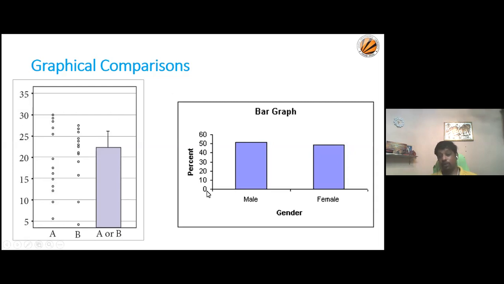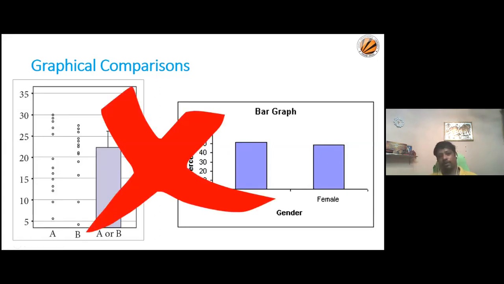It's very, very important that when you present a percentage, your y-axis should reach 100%, not just 60%. This will mislead your data presentation in your articles or your paper. This is the improper way of presenting your data.